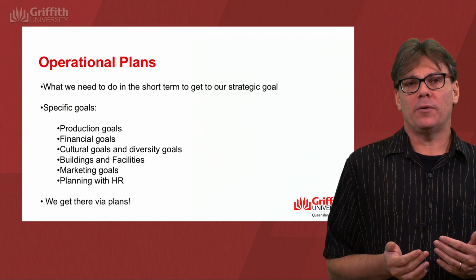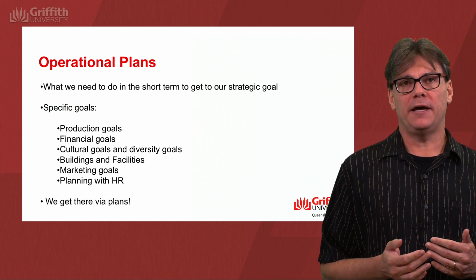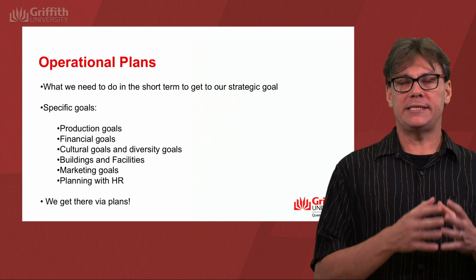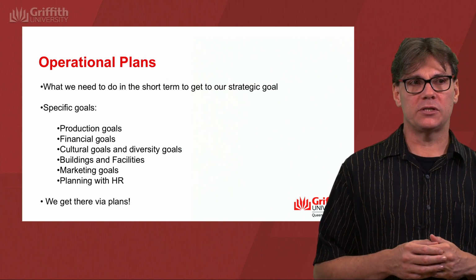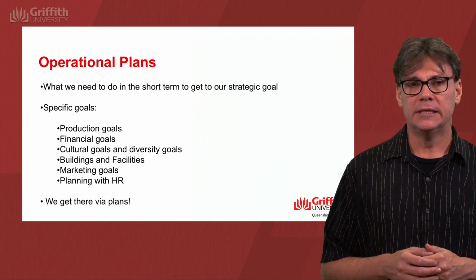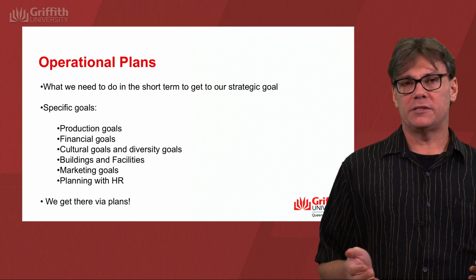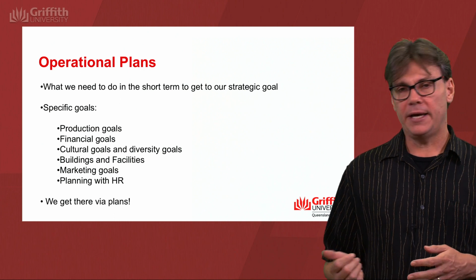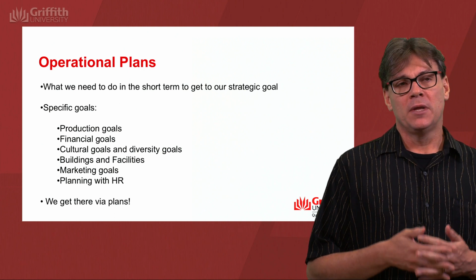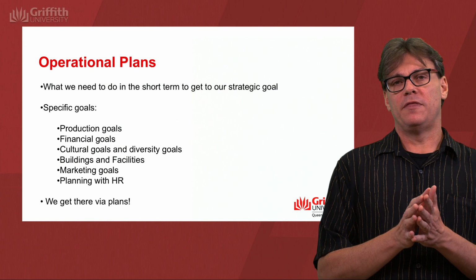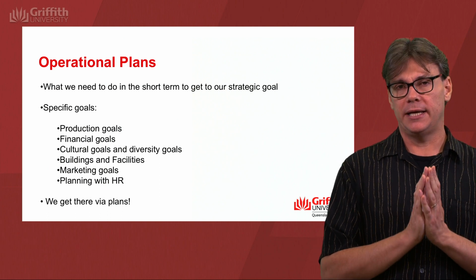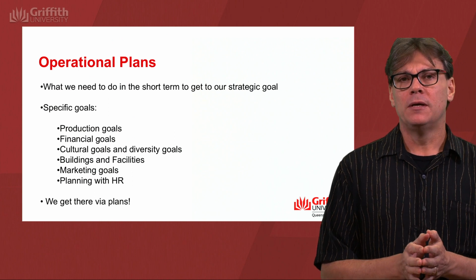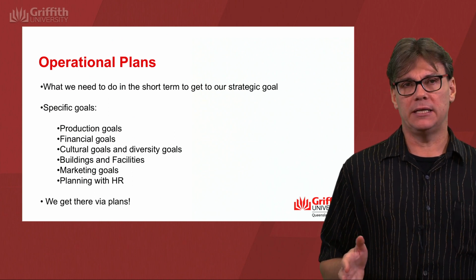Let's start with operational plans, and we'll talk a little bit about that. Typically, we set a strategy over a long period of time. So we might decide that we want to be the best organization that sells widgets of some sort, or coffee cups, or iPads, whatever it is, or Apple if you like. And what we want to do is to become the best at that. Now, in order to do that, it's important to have goals, and goals are wonderful. But without the wheels, goals mean nothing.